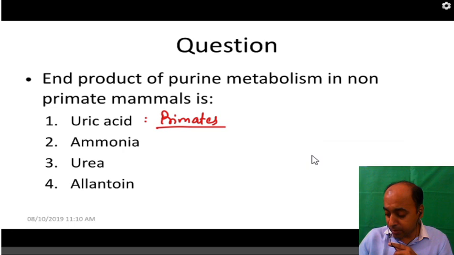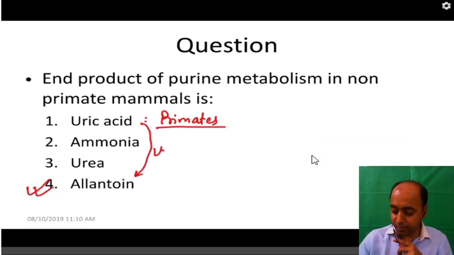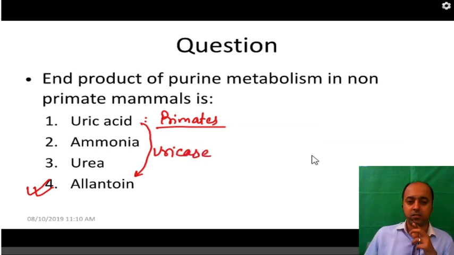In non-primate mammals, the answer is allantoin. Conversion of uric acid to allantoin, we had said, by the enzyme uricase. And we said uricase is commercially available as the rasburicase. Very good. You're sending in the correct answers.